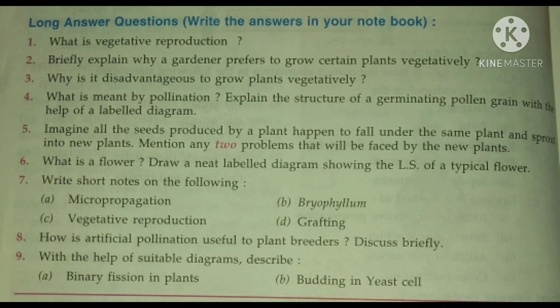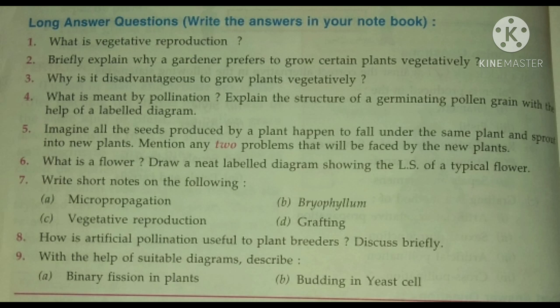In a short time they may get new varieties, and two different characteristics can be obtained in a single plant. Within a single plant we can get two good qualities. For that purpose plant breeders go for this artificial pollination method. So like this you can write the answer.